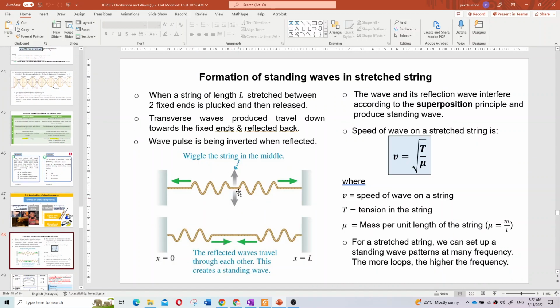You pluck at the middle or somewhere here, sending waves to both sides, and then they get reflected from the fixed end. They superpose because these two waves are identical, and they form a standing wave. So the wave and reflected wave interfere according to the superposition principle and produce a standing wave.